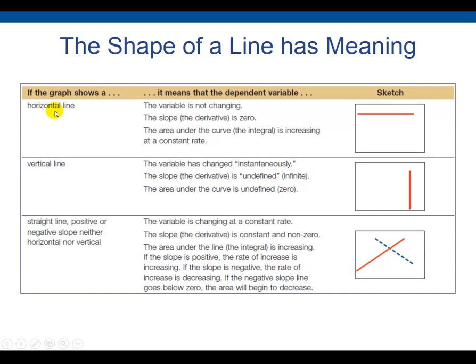So this is a horizontal line. The slope is 0. But here we have some kind of bar chart, where the slope is undefined.